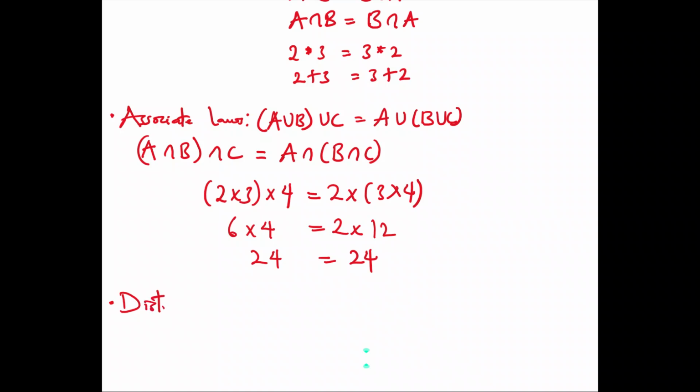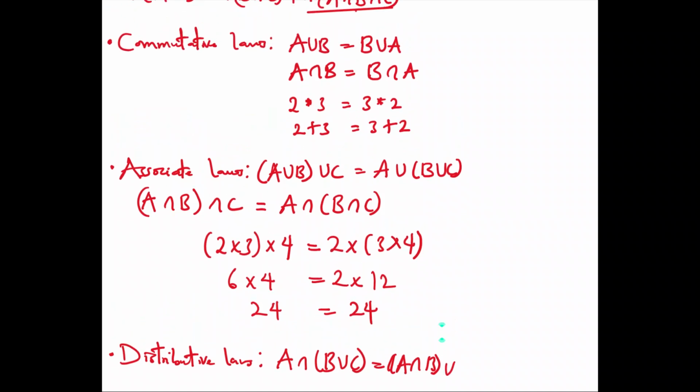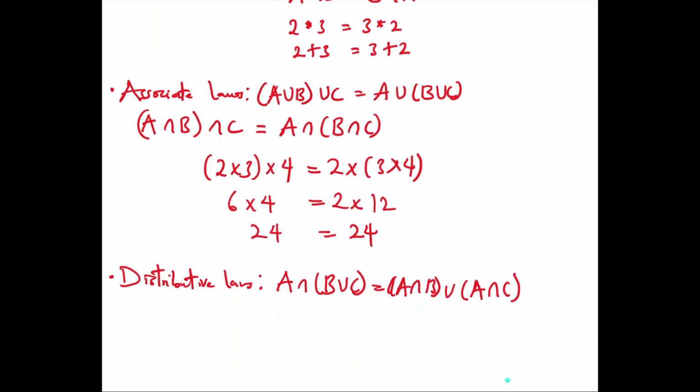And the next law is the distributive law. The distributive law states that A intersection (B union C) is equal to (A intersection B) union (A intersection C).